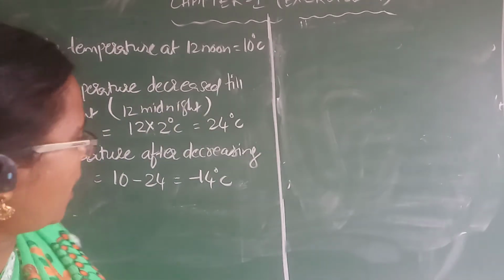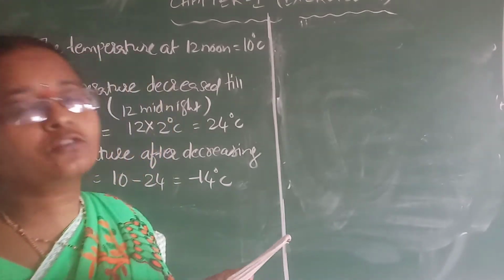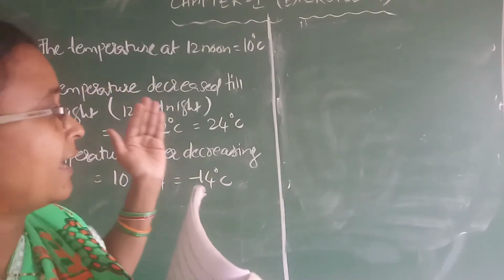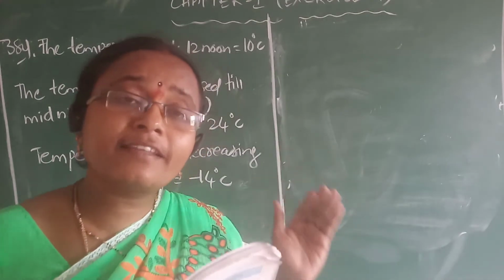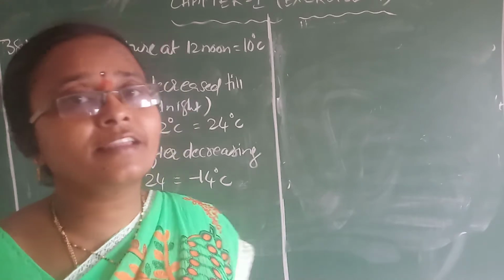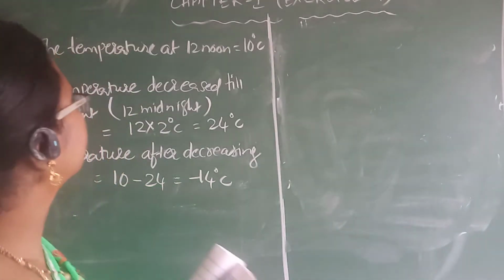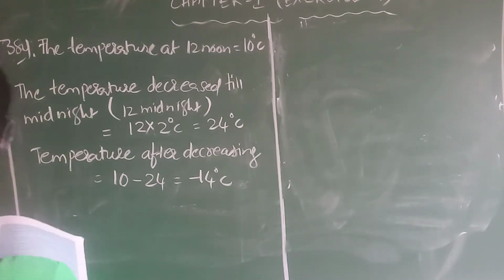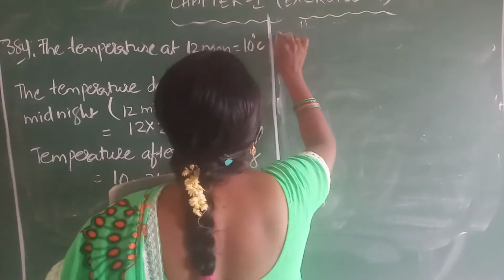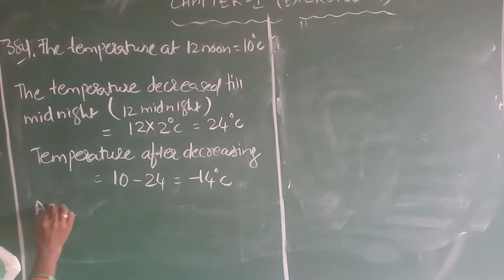So now, at what time would be the temperature 8 degrees below 0? So sometime after some hours it has decreased to 8 degrees centigrade below 0. 8 degrees centigrade below 0 means minus 8 degrees centigrade. At what time is the minus 8 degrees centigrade? He is asking. So, we shall write here.